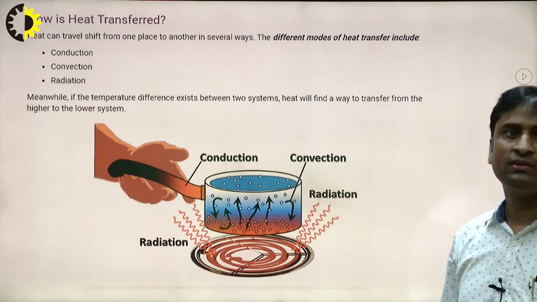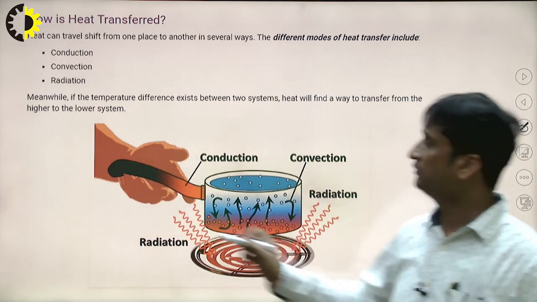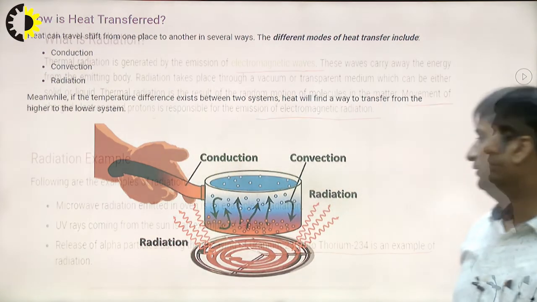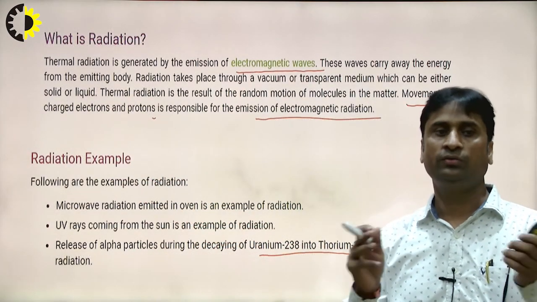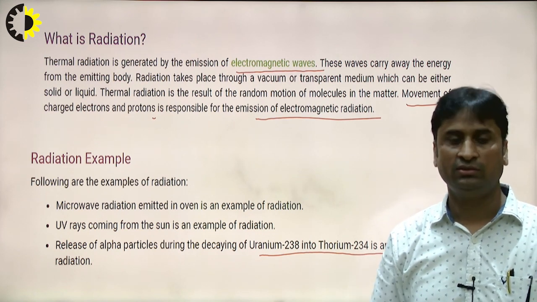So these are the ways heat is transferred: conduction, convection, and radiation. These are the things we have to study in this lecture. So this is lecture number 1. Thank you so much.